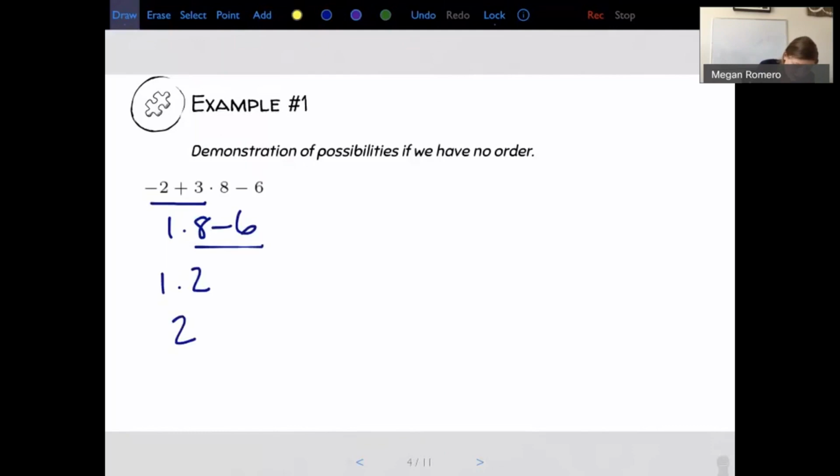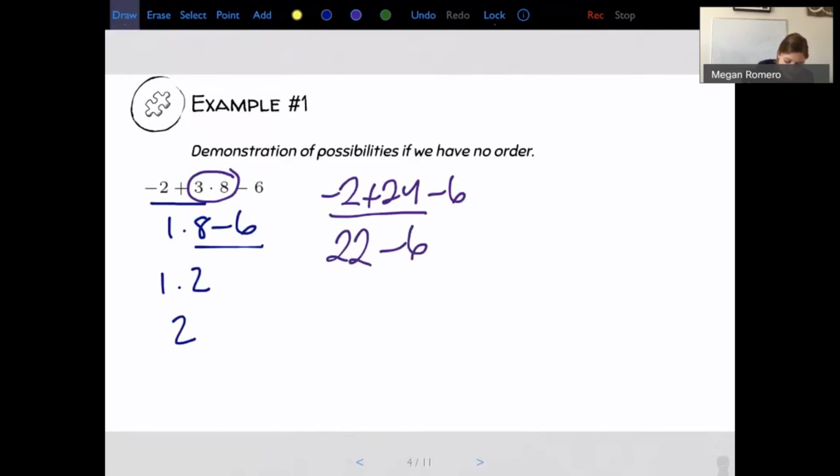Or let's say I started with 3 times 8. So -2 plus 24 minus 6. And then let's say I did -2 plus 24. So 22 minus 6. And then let's say I simplified that even further to get 16.